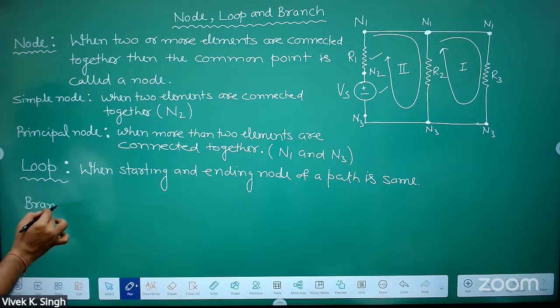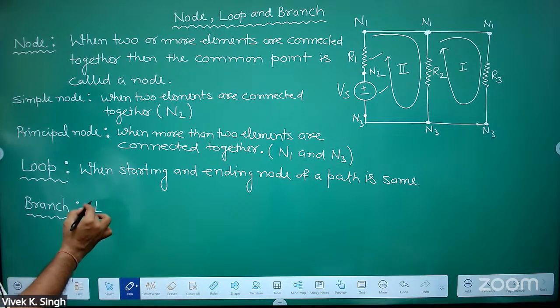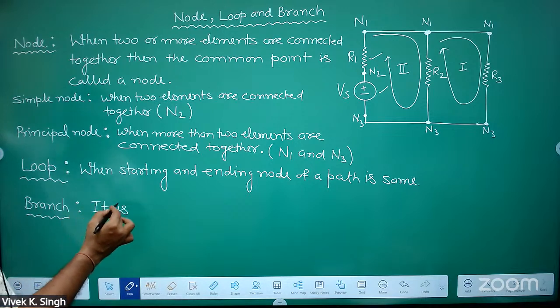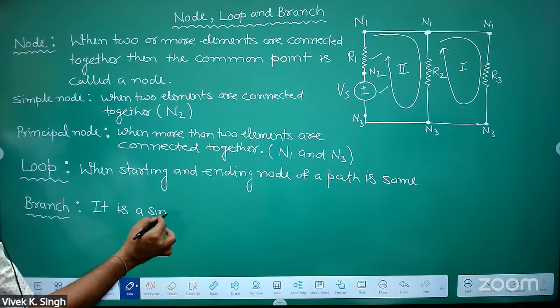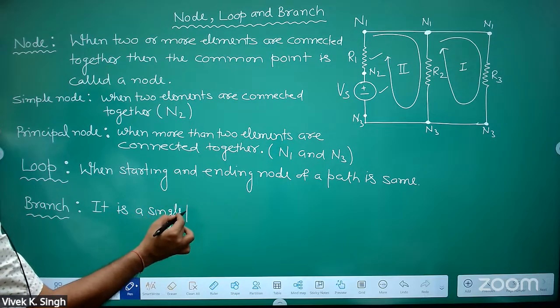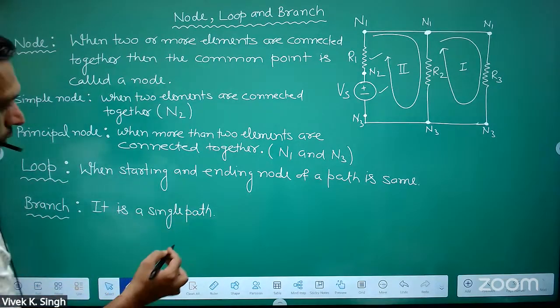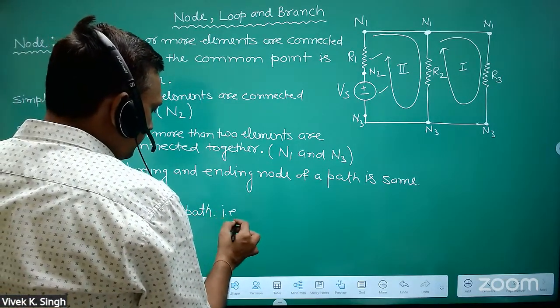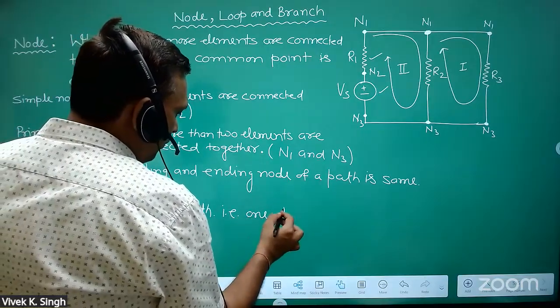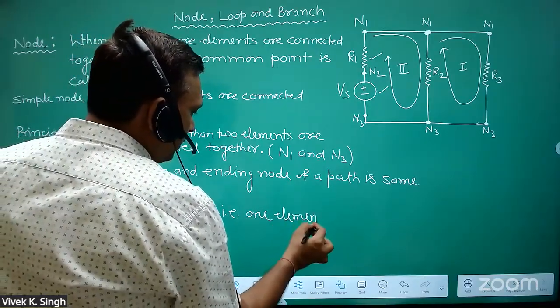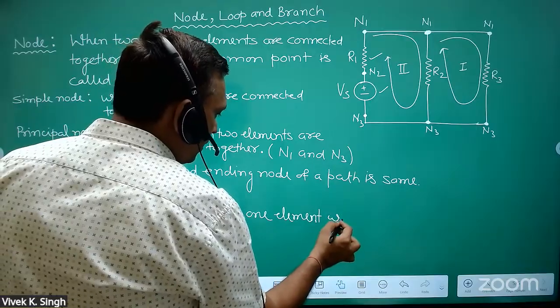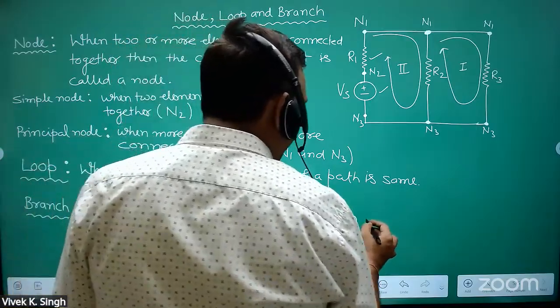And branch or element are same thing. It is a single path that is one element with node at each end.